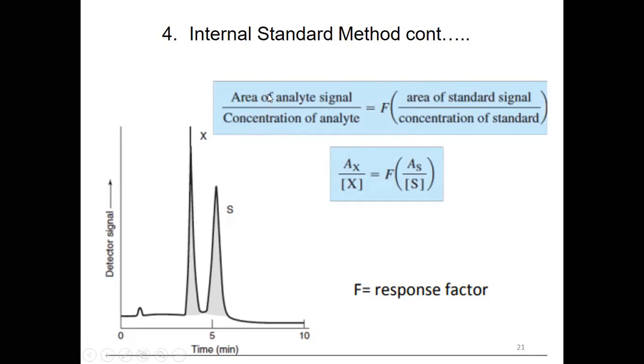So after we divide, this is the rearranged one. And when we take the division, we will end up with this equation. Once we have this relationship, the only thing we don't know is the concentration of the analyte. Then by plugging in values for the areas of the standard and analyte and the concentration of the standard, we can determine the analyte concentration.